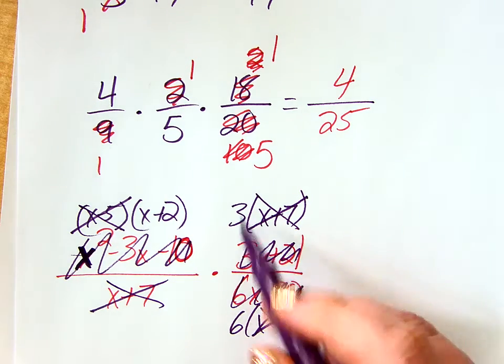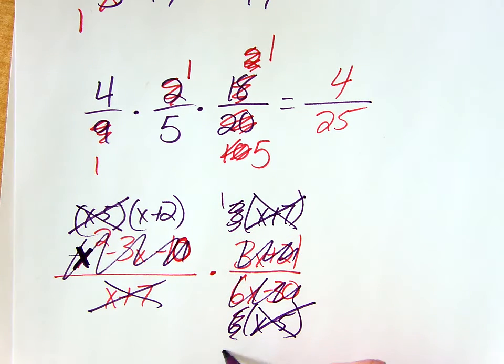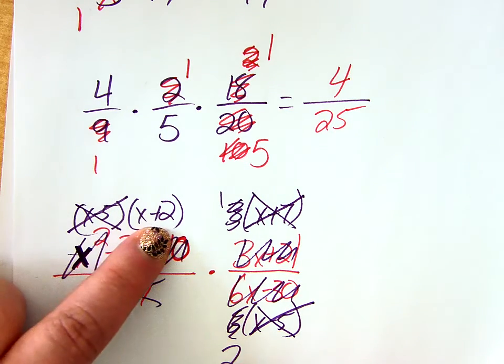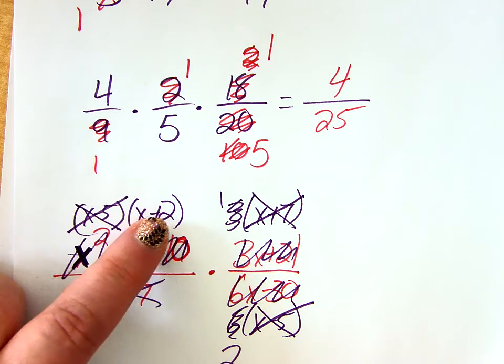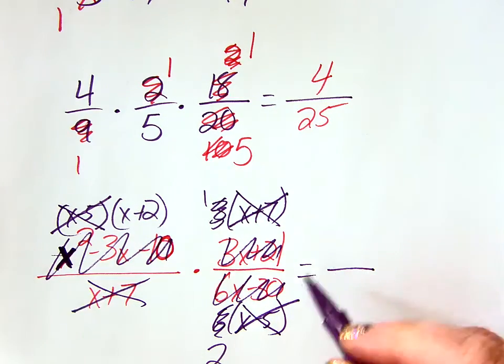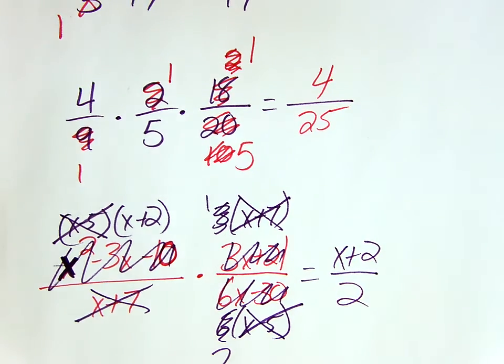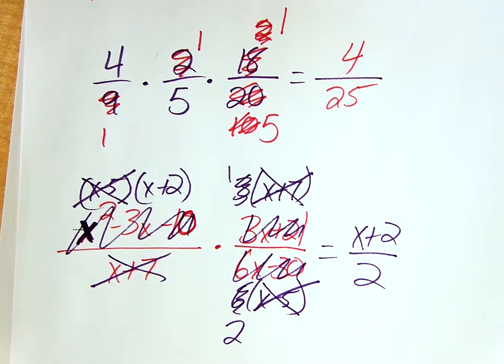Yeah, you can reduce the 3 and 6 with each other. 3 goes into 3 once, 3 goes into 6 2 times. Anything else? No. Remember, you can't do those 2s because that 2 is part of a binomial. So I just multiply straight across and I have (x plus 2) over 2. That's it, guys.